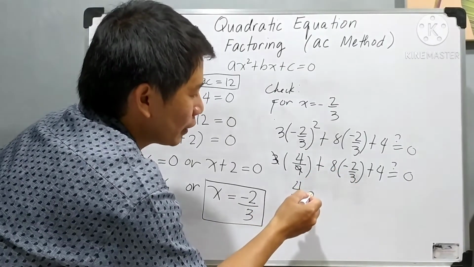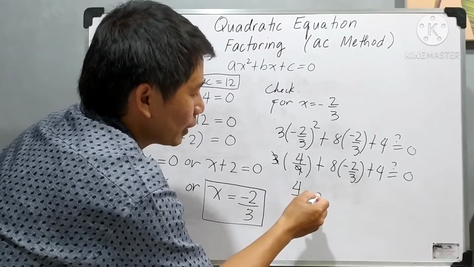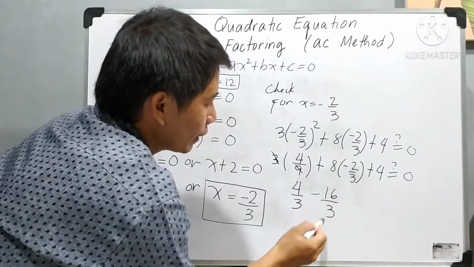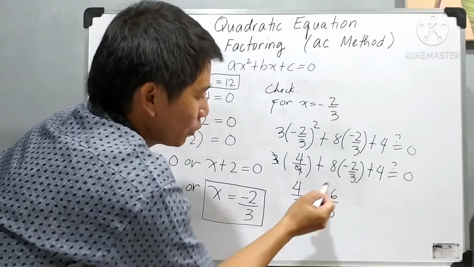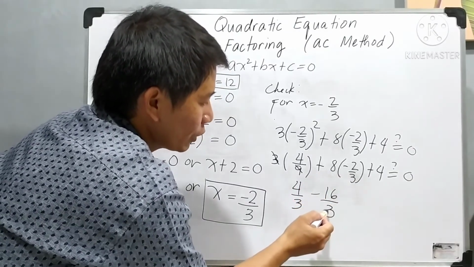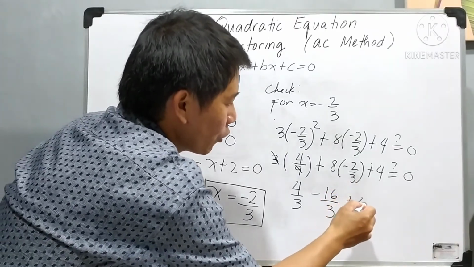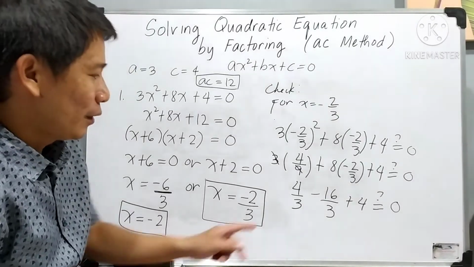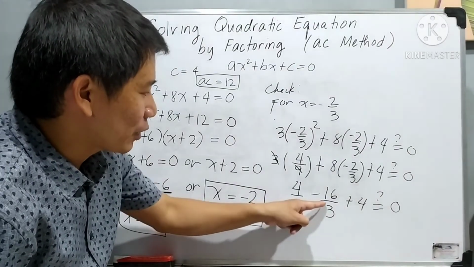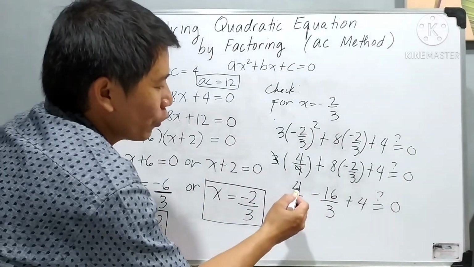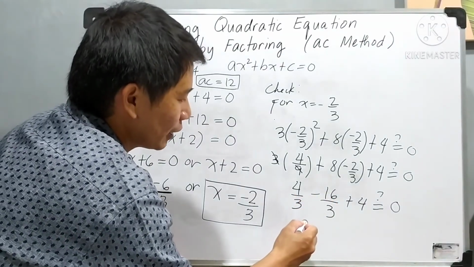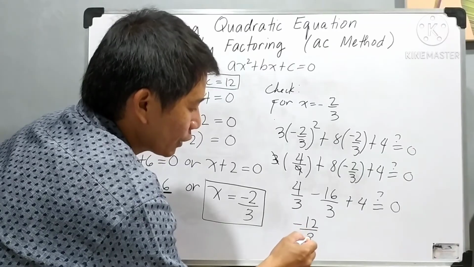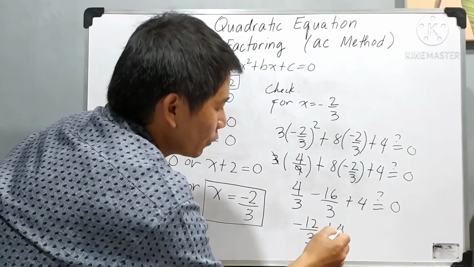Ang sagot ay negative 16 over 3. Kasi positive 8 times negative 2 is negative 16 over 3. And then we have plus 4. Is that equal to 0? Since similar fraction, so we can subtract 4 minus 16, that is negative 12, over the common denominator, which is 3, plus 4.